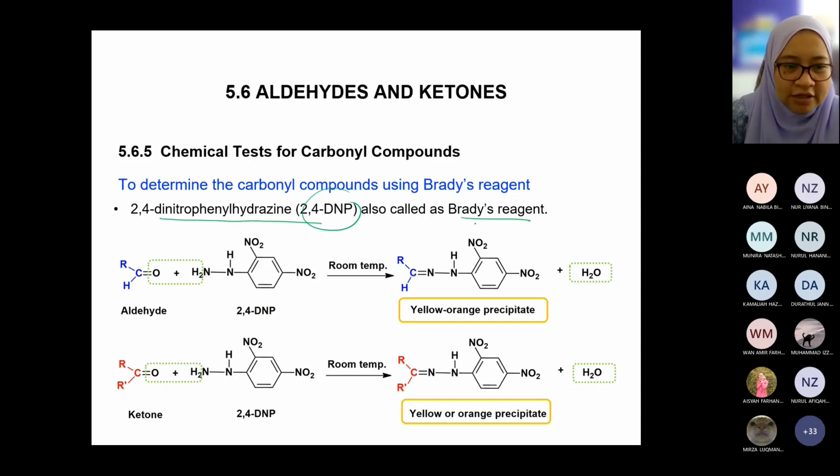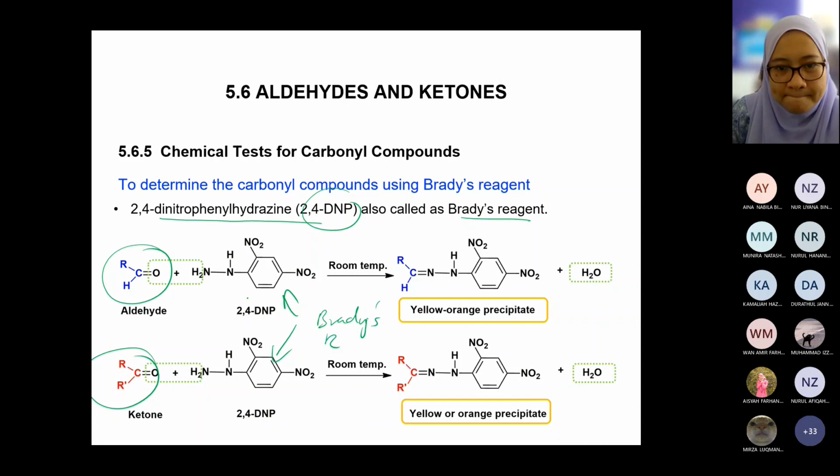So aldehyde and ketone, as you can see, we have aldehyde and ketone. This is the Brady reagent. Okay, so what happen is that dia akan bercantum. Okay, aldehyde dengan ketone ni dia akan combine. So the H2O will be kicked out. So we have amine group here, right?